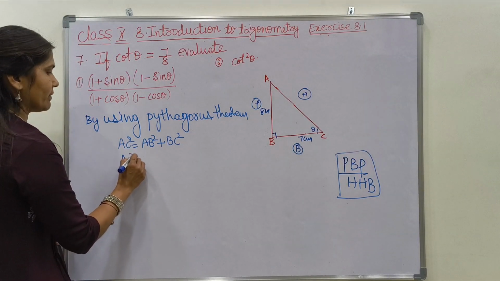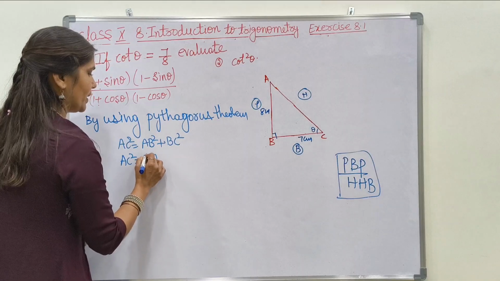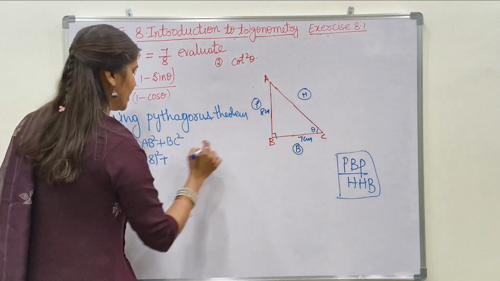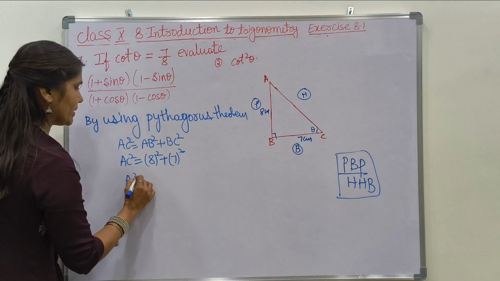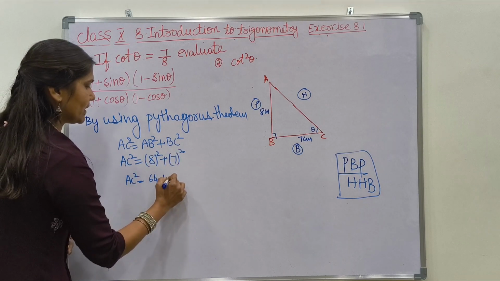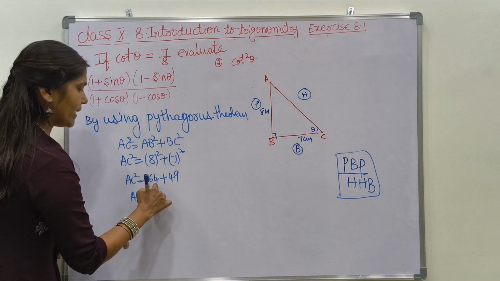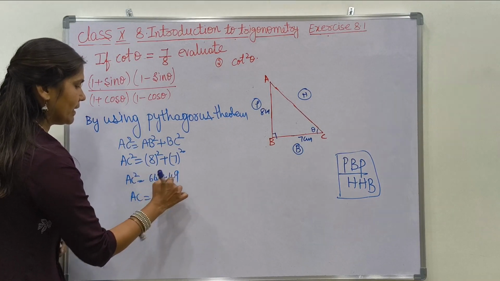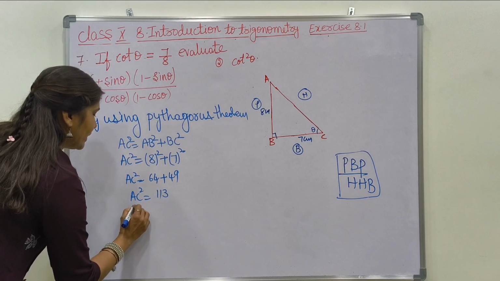So AC square is equal to AB, how much is there? 8 square, plus BC, how much is there? 7 square. Okay. Now see here, AC square is equal to 8 square means 64 plus 7 square means 49. So AC square is equal to 113.